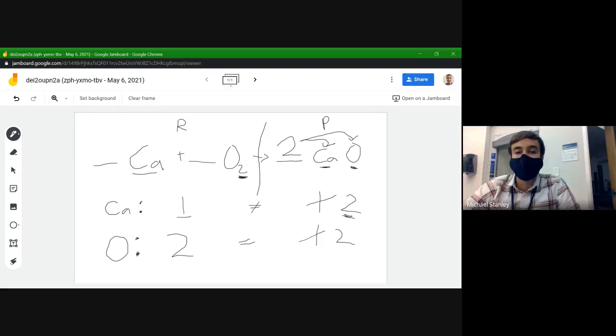Add a big number. Mm-hmm. And what big number should we add? 2, right? Yep, I would recommend adding a 2. We can put a 2 right in front of our lone Ca over here. So now we don't have 1 Ca anymore because we put this 2 coefficient here. Now we've got 2 Ca's on our reactant side.